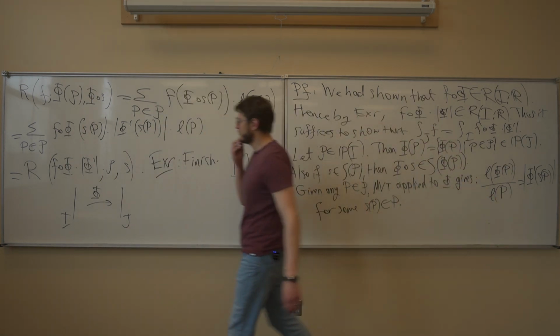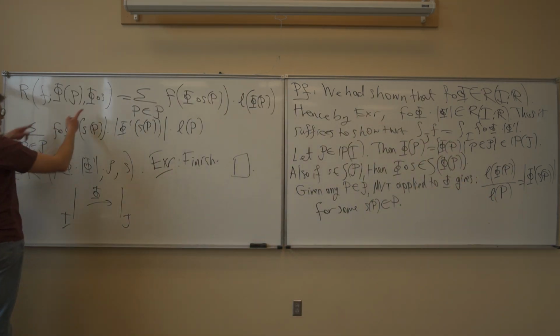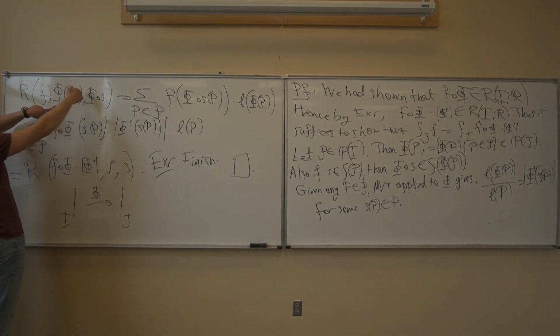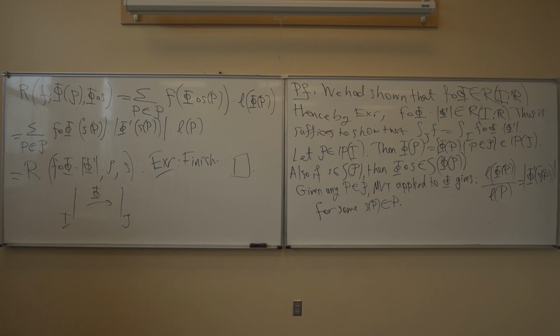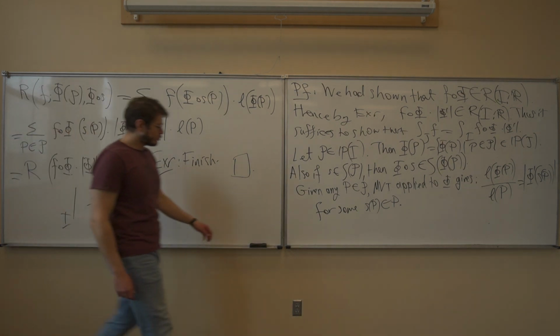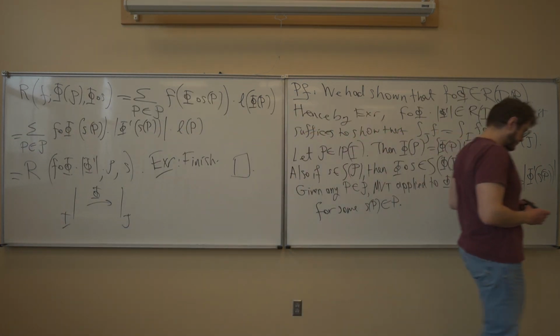That's sort of like a similar thing. So this operation on partitions together with sampling functions, post-composing, is a transpose of pre-composing the function and multiplying it by the distortion factor. They're sort of like the transposes of each other. Okay, so that's that. Let's talk about improper integrals.